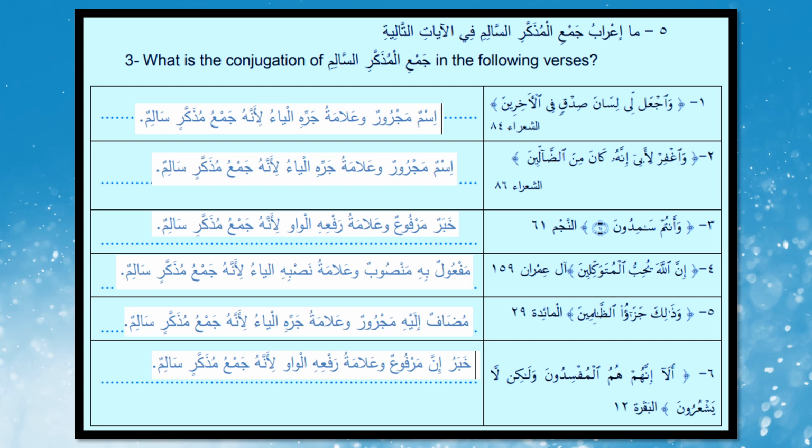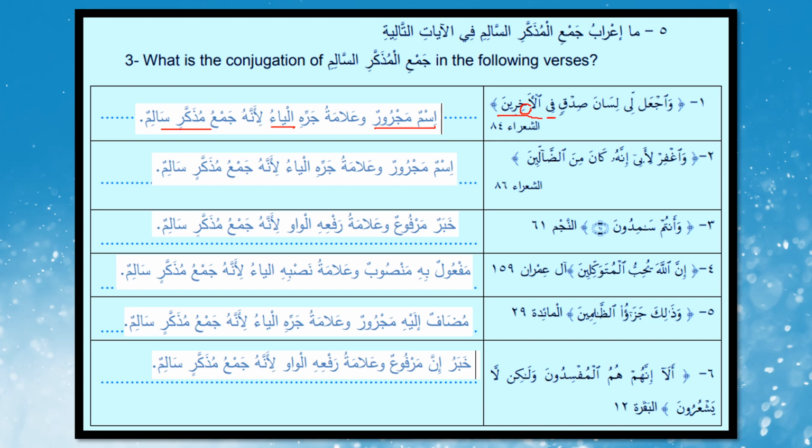So our jama muzakkar is akhirin. Can you see the kasra below the kha? Akhirin means the last. So it's in which position? Since it is after harf jar, it's in ism majroor position. So you need to give your proof and that it's a jama muzakkar salim.